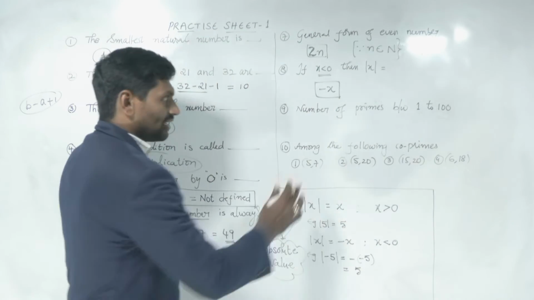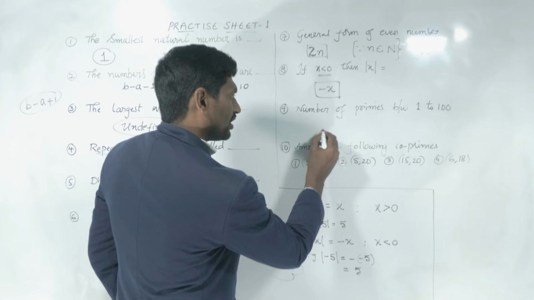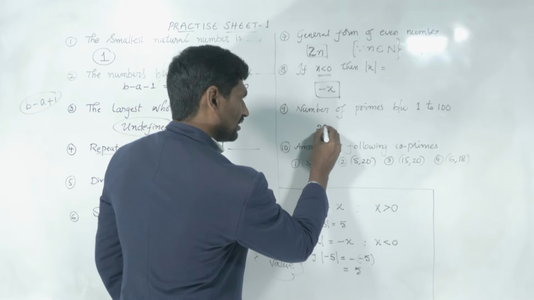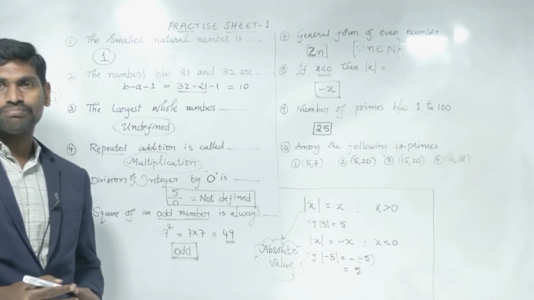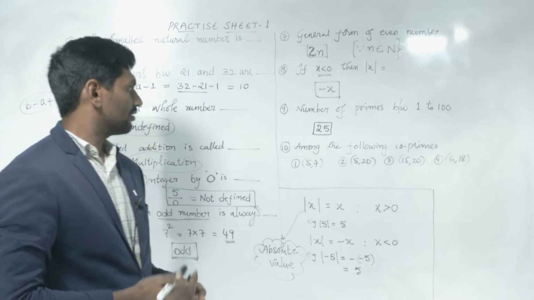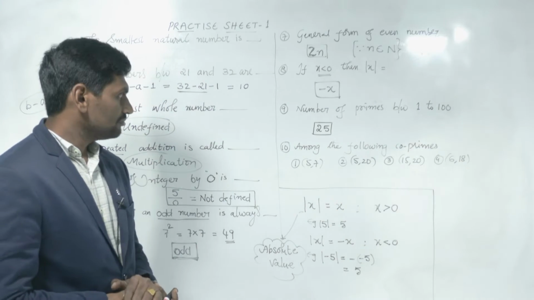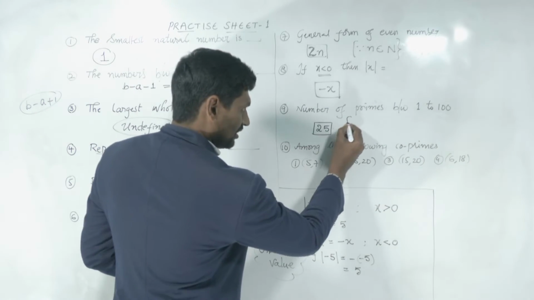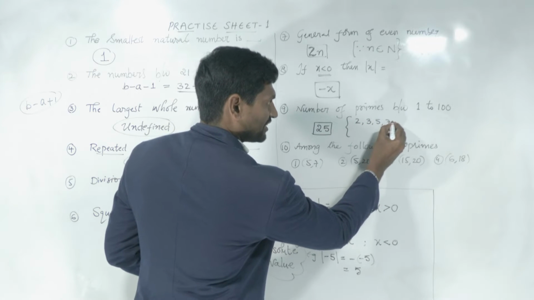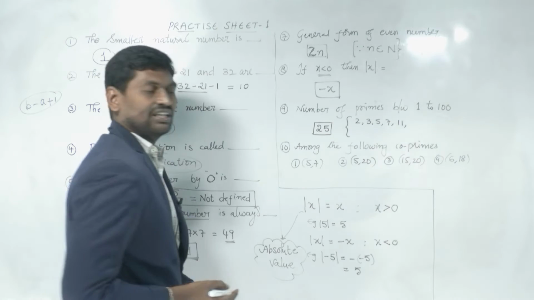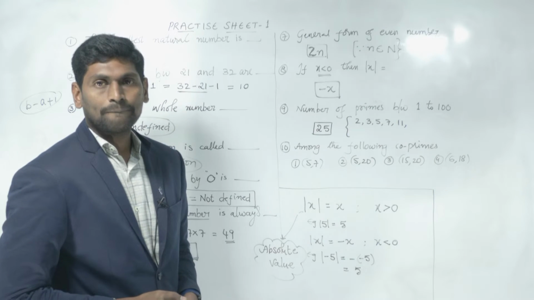So the number of primes between 1 to 100 is 25. Okay? What are they? 2, 3, 5, 7, 11. 9 is not a prime number.